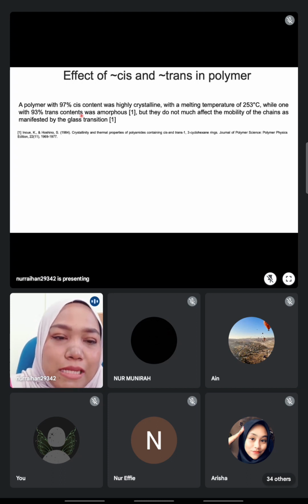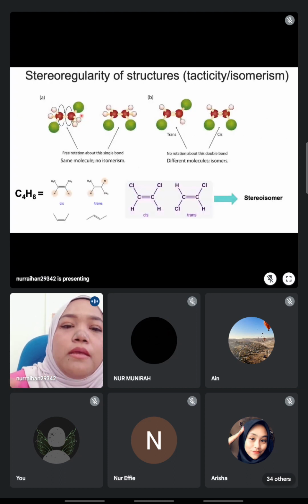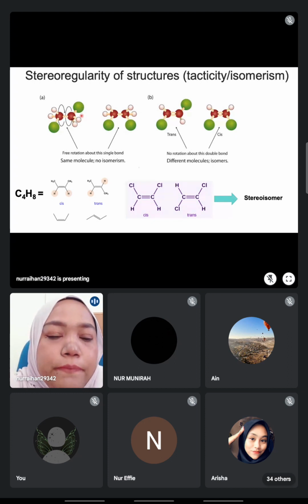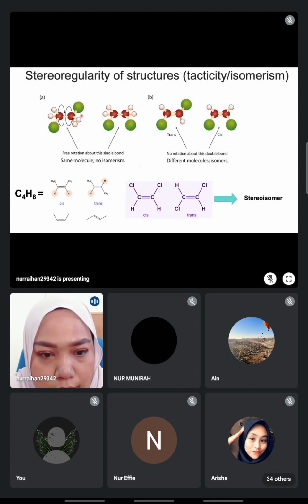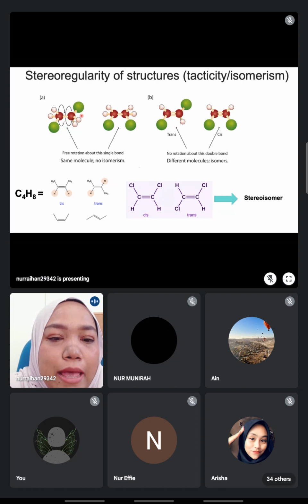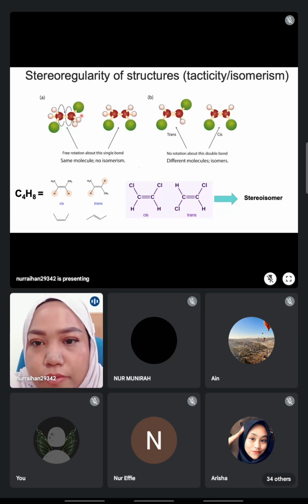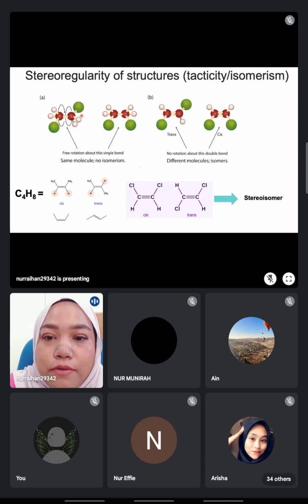What is the meaning of cis content and trans content? Let's look back at the previous example. When your polymer is produced, it can have either cis or trans. It can have both. It means in one polymer chain, there will be an arrangement for the cis and an arrangement for the trans.